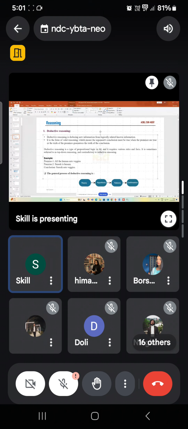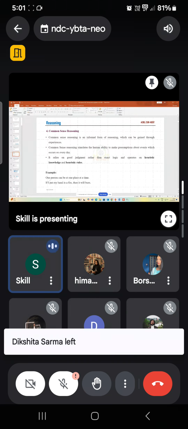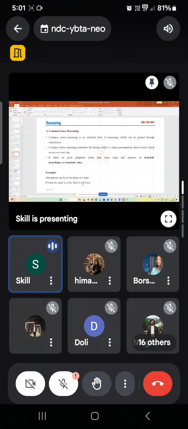Here you see, if I put my hand in fire, then it will burn. It might not, because if I put my hand in fire with some gloves, then it might not burn. So it may be true or it may be false at the same time. That's why it cannot be said to be propositional logic.